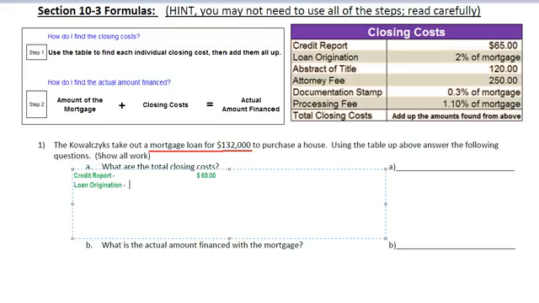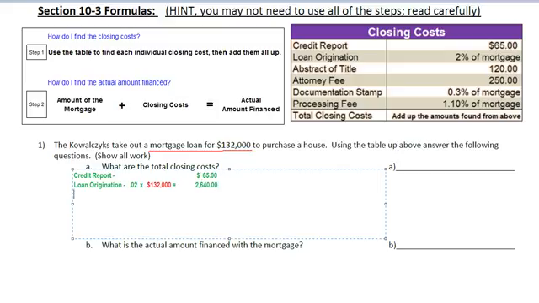We're going to take 2%, and by the way, you can change that to 0.02, and we're going to multiply it times the actual dollar amount for the loan, the mortgage. So, once you multiply that all out, you get $2,640. All right, so far so good.